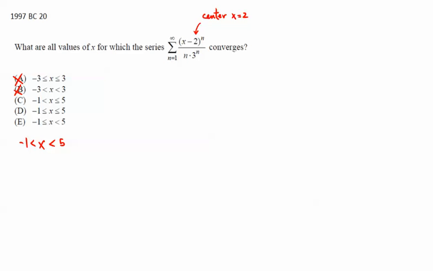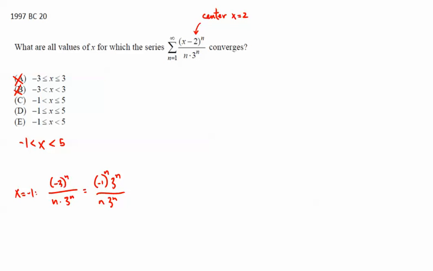When I plug in x equals -1, I'm going to get -3 to the n over n times 3 to the n. Now -3 to the n, if we wanted to, we could split off that -1 that does the alternating of the signs, and that would leave me -1 quantity to the n, 3 to the n, over n, 3 to the n.